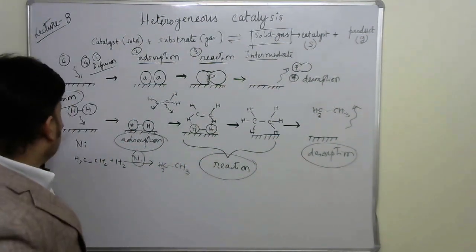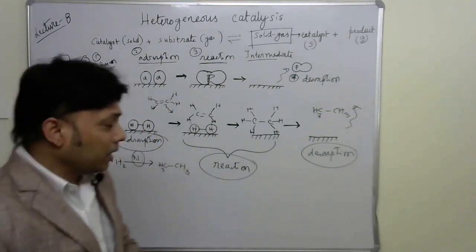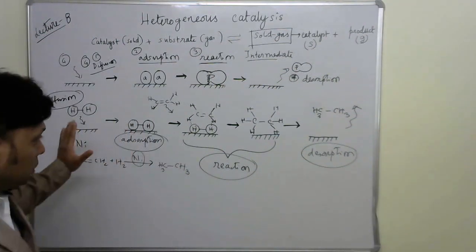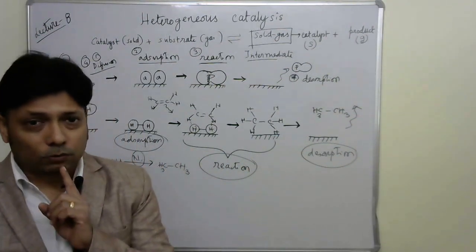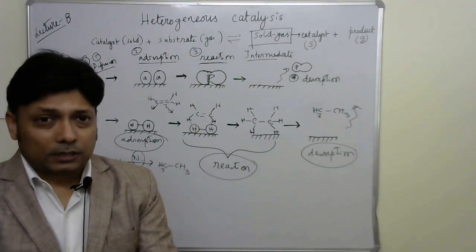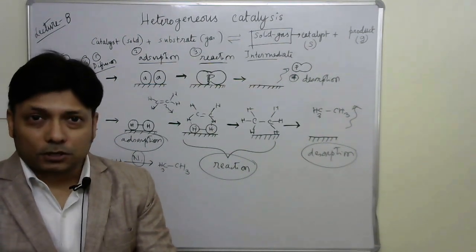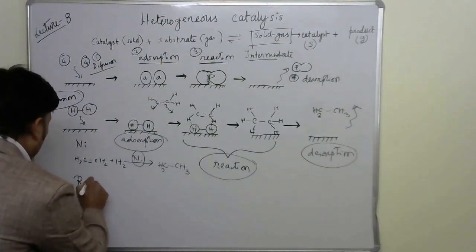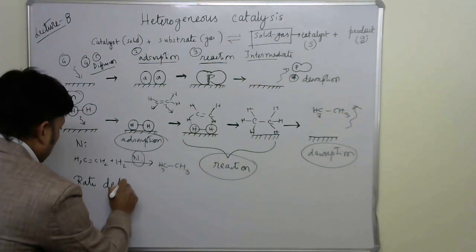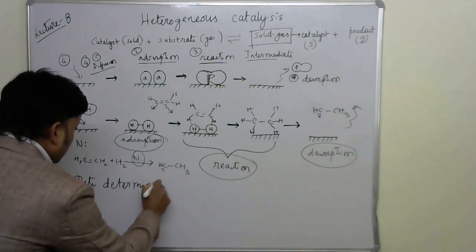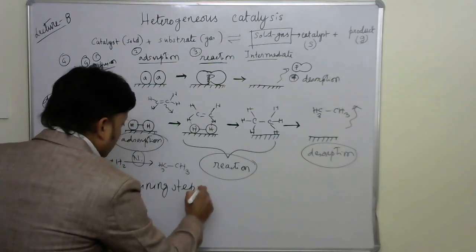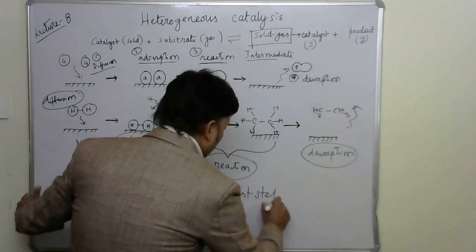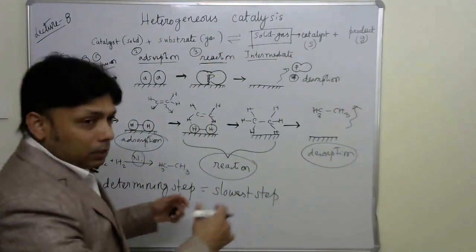Now, coming back, there are 4 major steps. For any chemical reaction that goes through multiple steps, we learned in our first lecture that there must be a rate determining step, which is the slowest step of the mechanism.